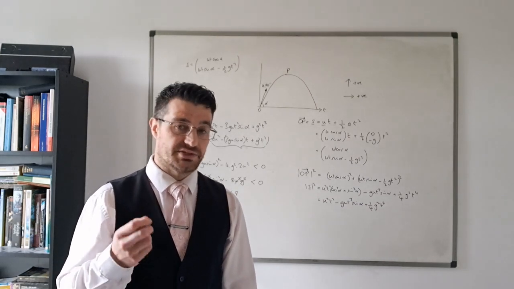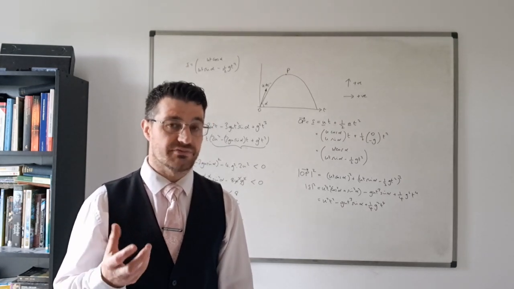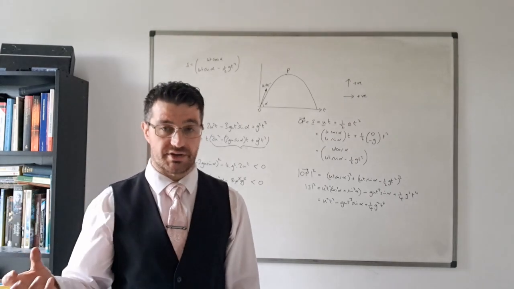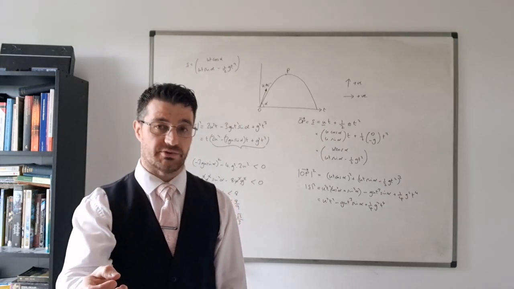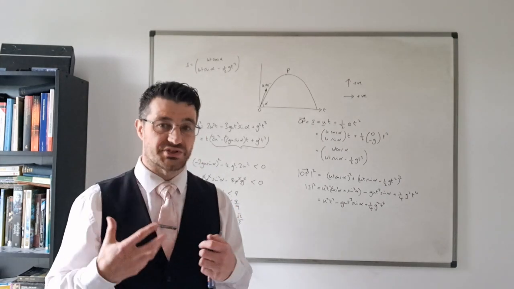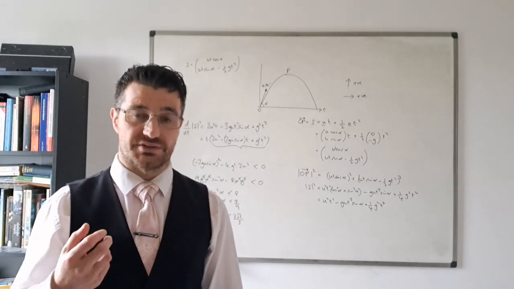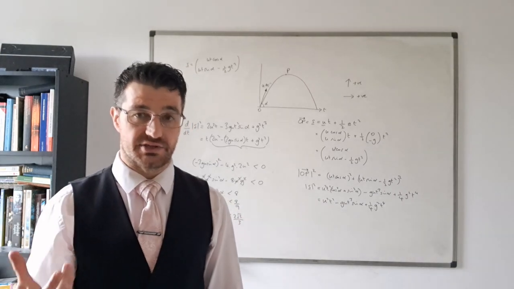Yes, your examiner will know, even if you don't put these comments there, what you're doing. They will know how to interpret these calculations, but you need to show your examiner that you know how to interpret these calculations and that you're not just fluking it. This is an essential part of your solution, to actually explain yourself. Why you're doing the things that you're doing.